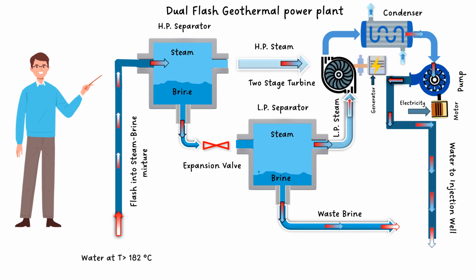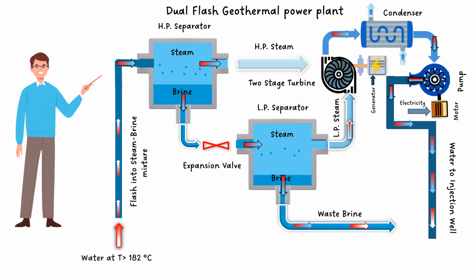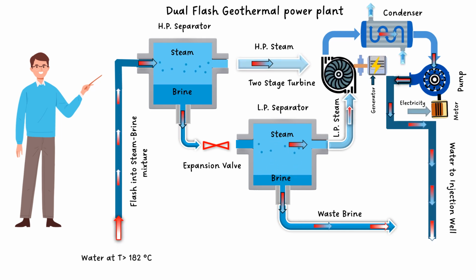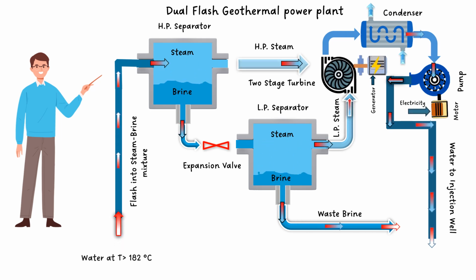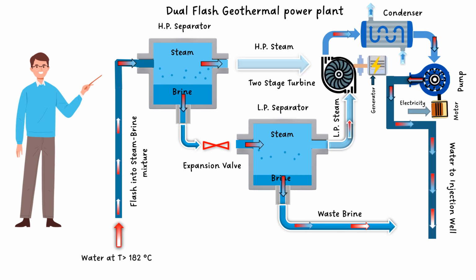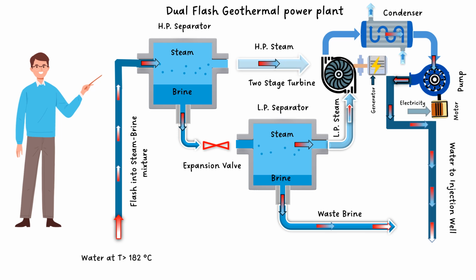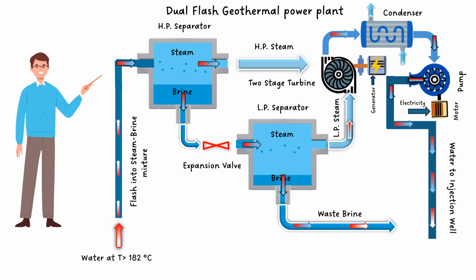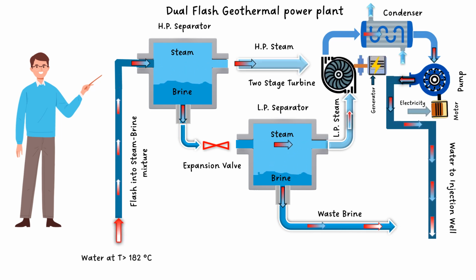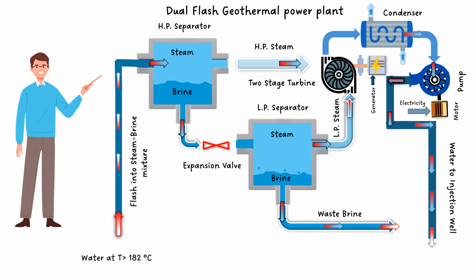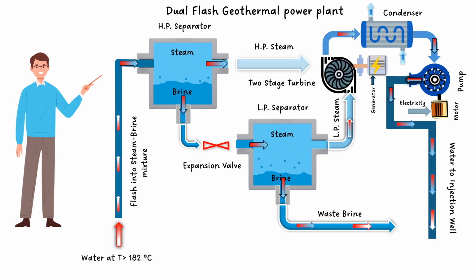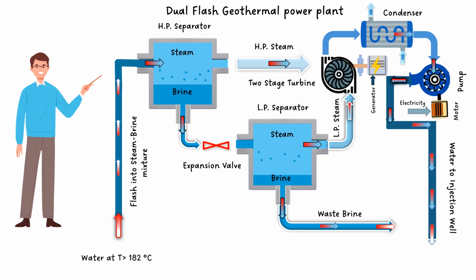The steam goes to the high pressure stage of the turbine, and the brine is extracted. Then an expansion process is done for this brine, and we get steam evaporated as a result of the expansion, because in this case we are reducing the pressure.